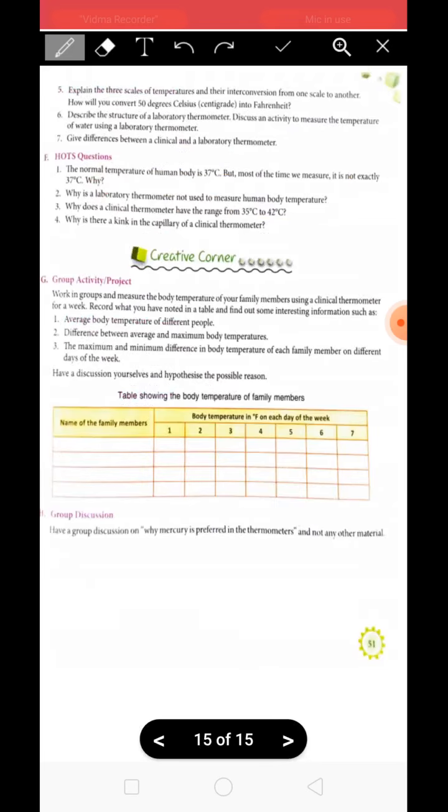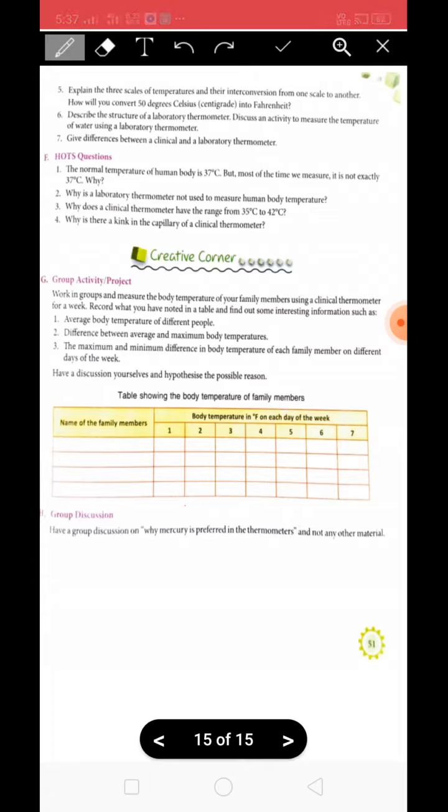Now the next question. The normal temperature of the human body is 37 degrees centigrade, but most of the time when we measure it, it is not exactly 37 degrees centigrade. Why? The normal body temperature is 37 degrees centigrade. It is an average value of body temperature taken from a large number of healthy persons.